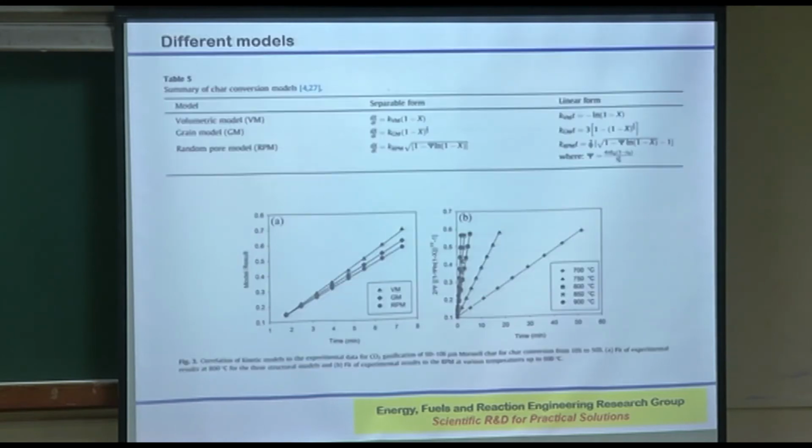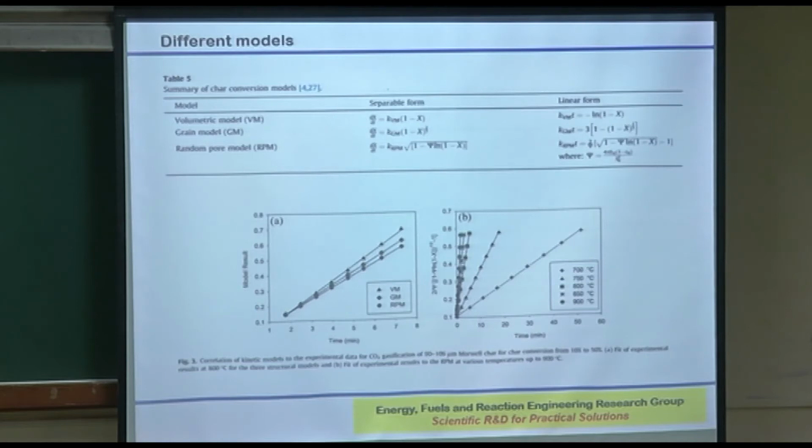So then what she did was she applied 3 different models, very popular in the literature. One is the volumetric model. The second one is called grain model, but it's also called shrinking core model. And then the other one is random pore model.